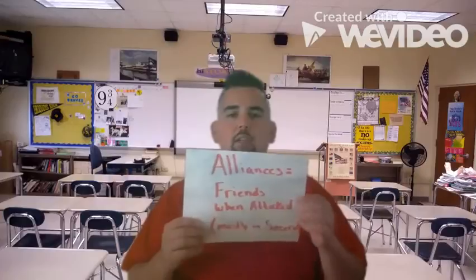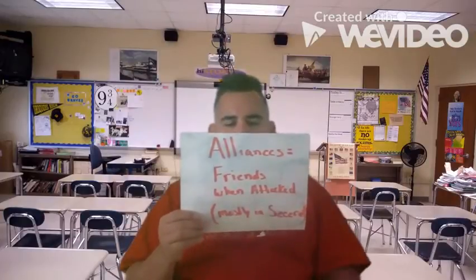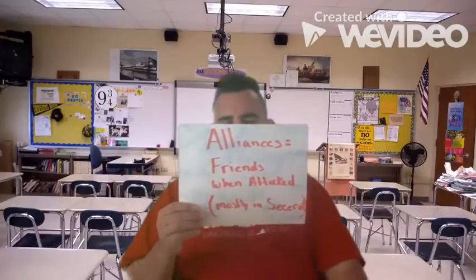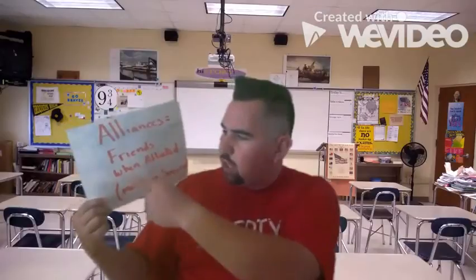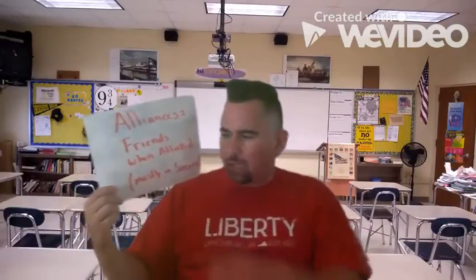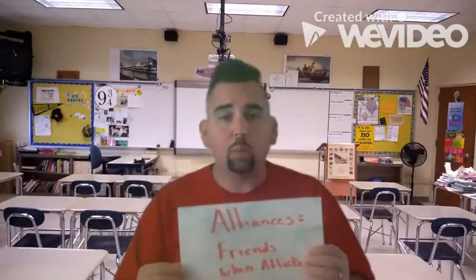Second, we've talked about this before in class, this idea of alliances. This is what I call friends will attack if need be, friends when attacked. This is mostly done in secret, and those secret alliances were problematic.